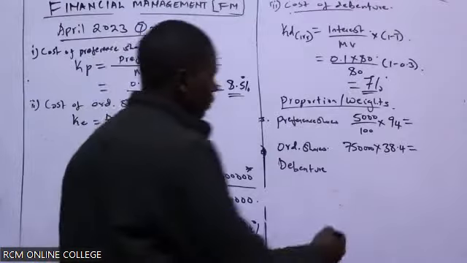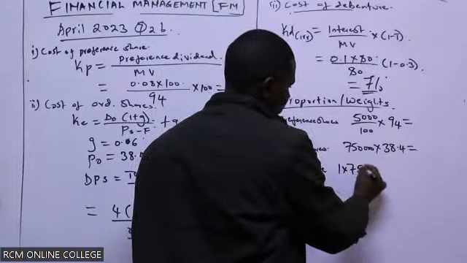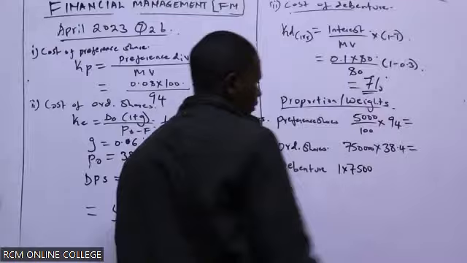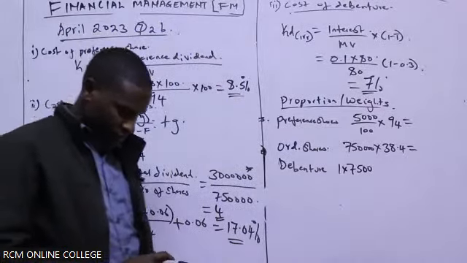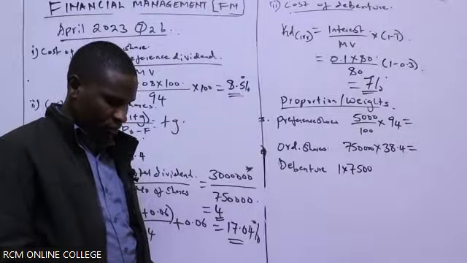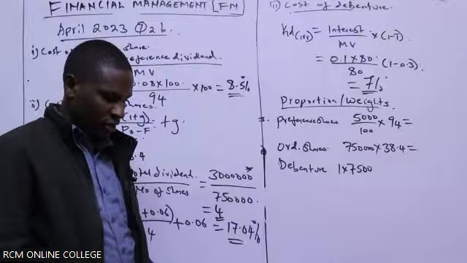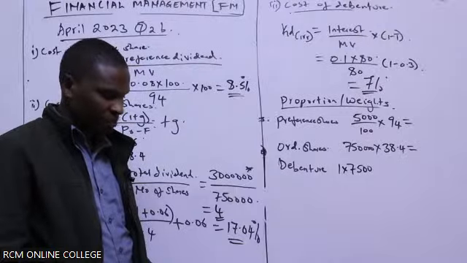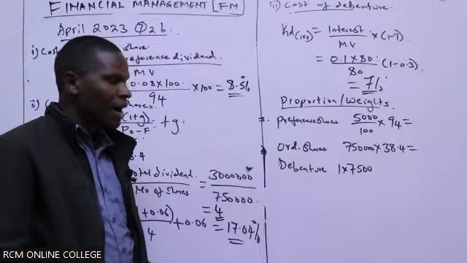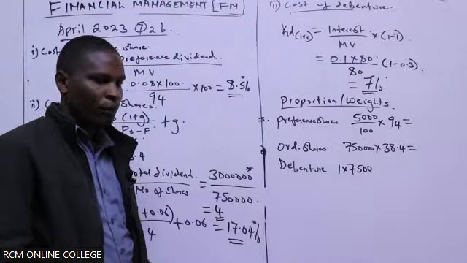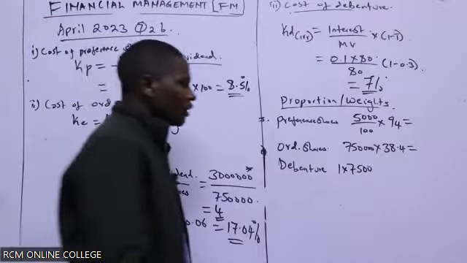So do you think our debenture will really be affected? Will it be affected by anything else? If you look at our debenture there, I don't see it being affected by any other thing. Because even this market price, the par was not there. So our debenture will remain the same.